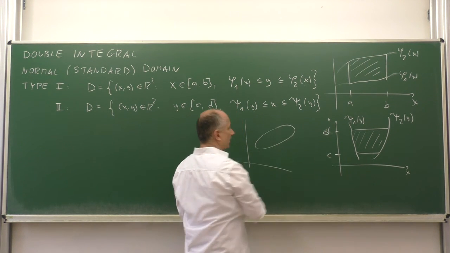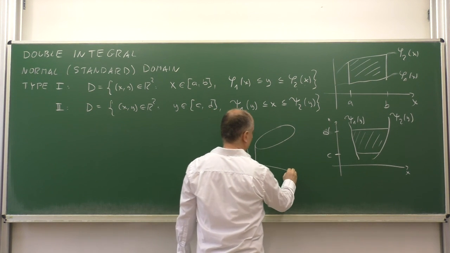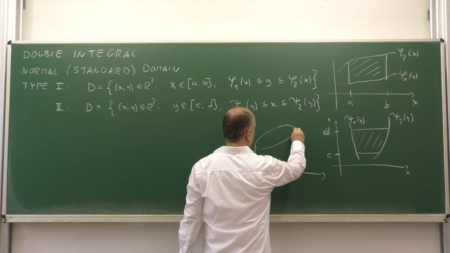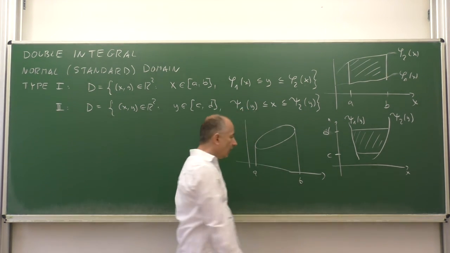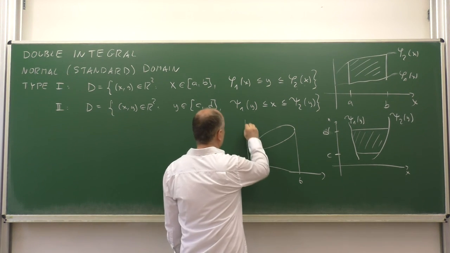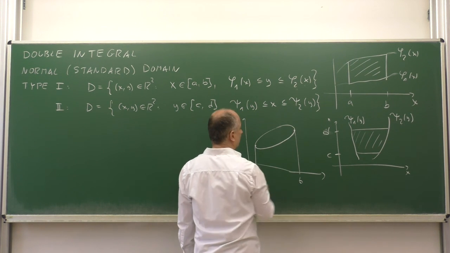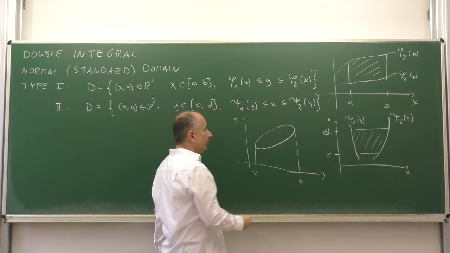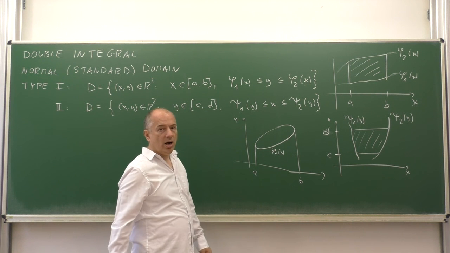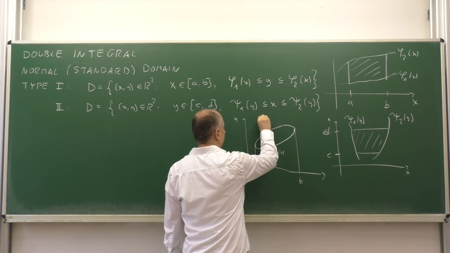If you consider an ellipse like that, then you can think of A, the leftmost point and its x-coordinate, and B, the x-coordinate of the rightmost point, and then y is bounded from below by this line, which can be considered a graph of the function phi1, and y is bounded from above by this line, which is the graph of the function phi2.